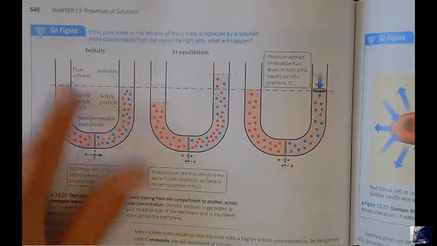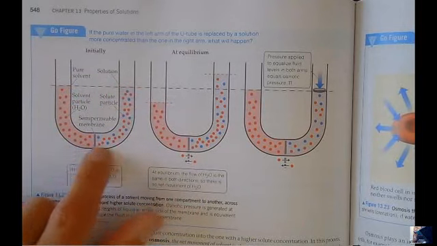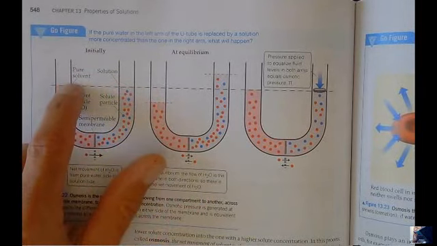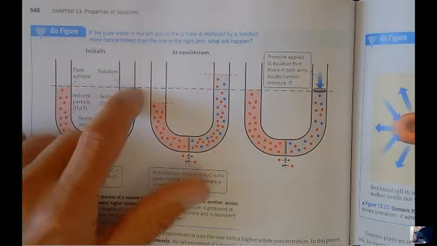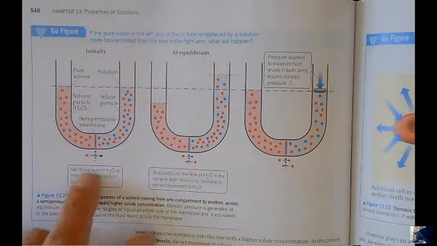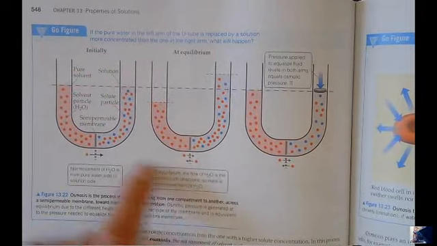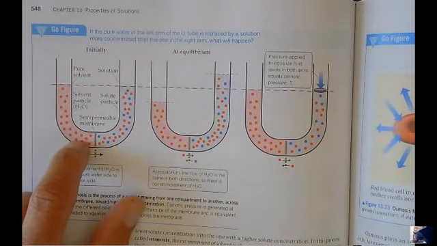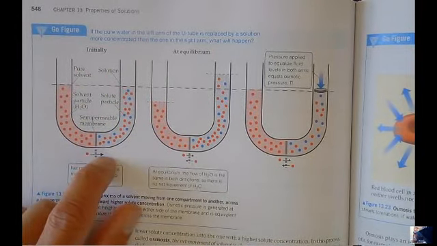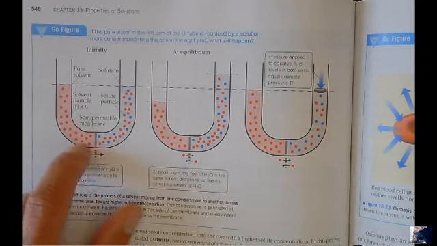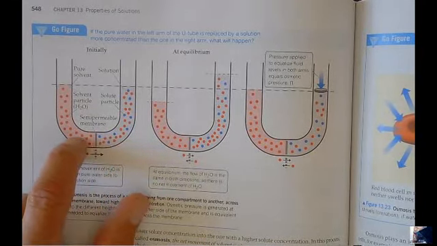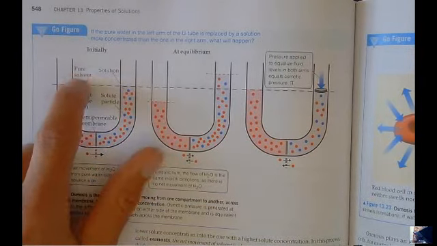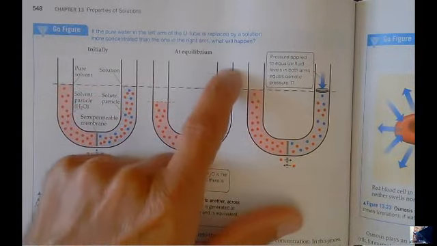So initially, you put it in on both sides, and the pressure from the weight of the liquid is the same because the level is the same. Come back a few hours later, and since only the solvent molecules are small enough to move through the semi-permeable membrane, they go this way, but they're not counteracted to the same degree by them traveling across. So this side goes down and this side goes up.